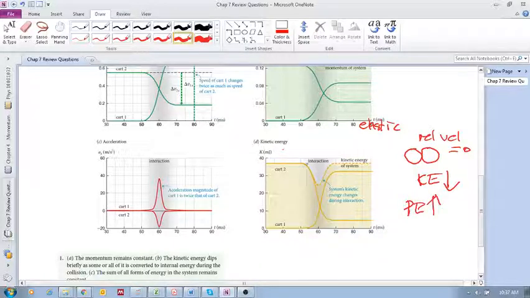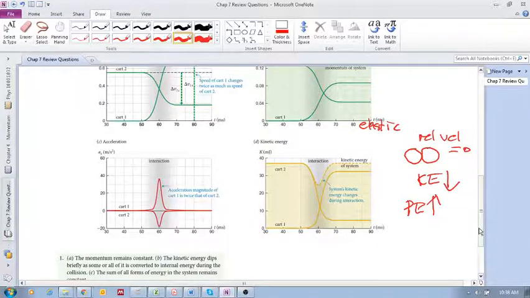The kinetic energy dips when the relative velocity is zero, and as that dips, your potential energy increases, and then that potential energy that was stored in this interaction gets released again into kinetic energy, so that the relative velocities after are the same, and the system kinetic energy is the same after the interaction.